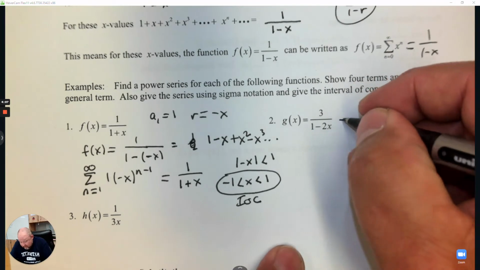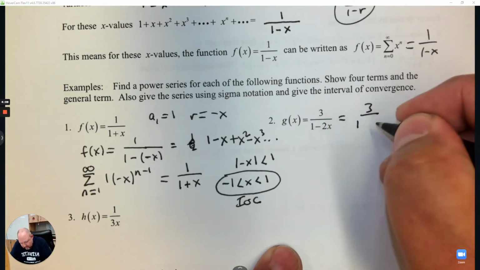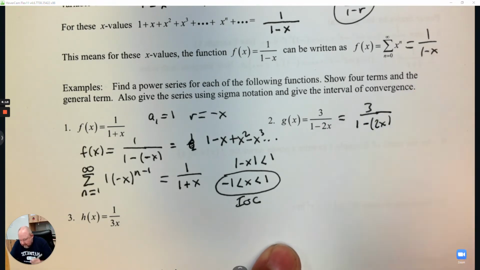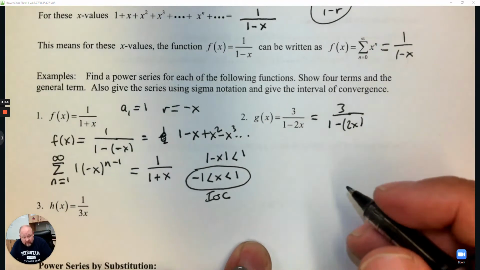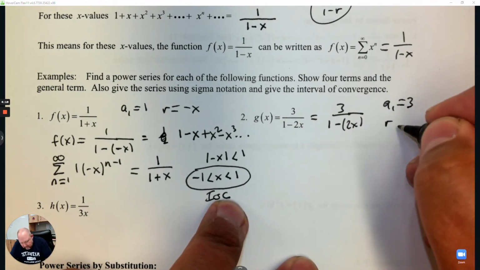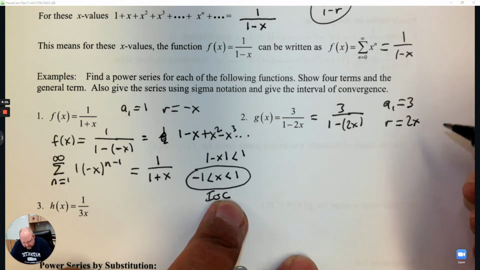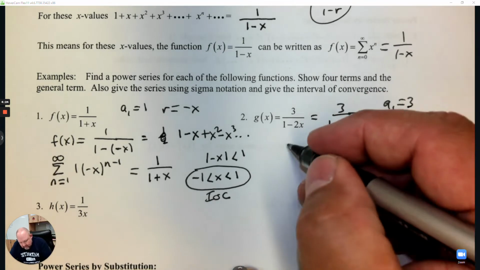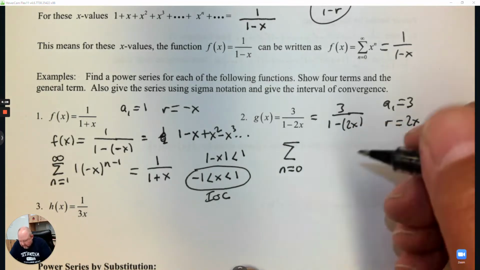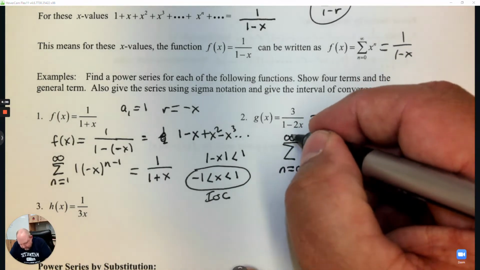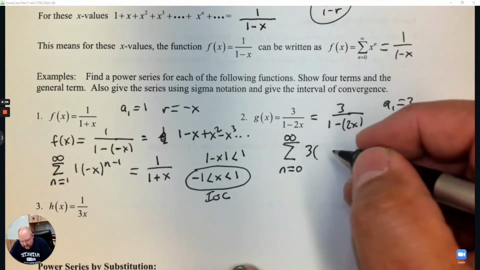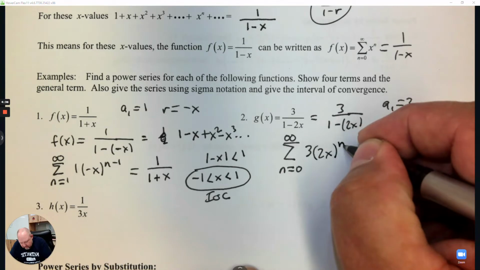All right, so step 1, I'm going to write this as 1 subtract, and then you can see it. So 2x is going to be the common ratio. So the first term is 3, and the common ratio is 2x. So if I write this, this is what it will look like starting at 0. So we have 3, and then 2x is the common ratio to the exponent n.